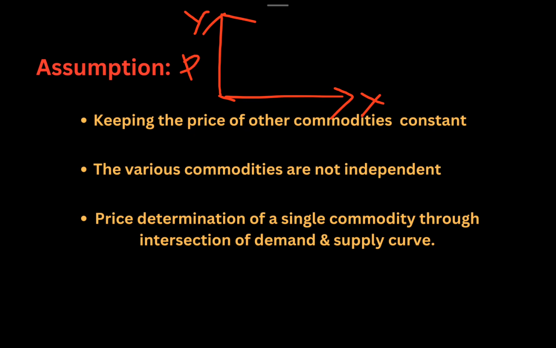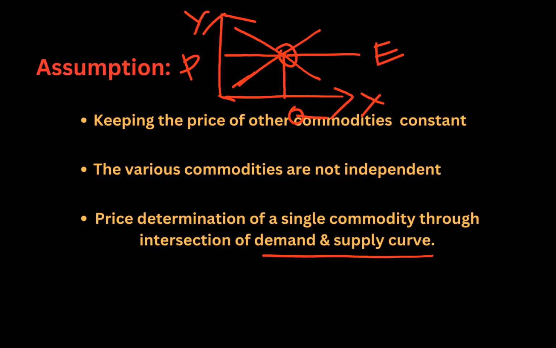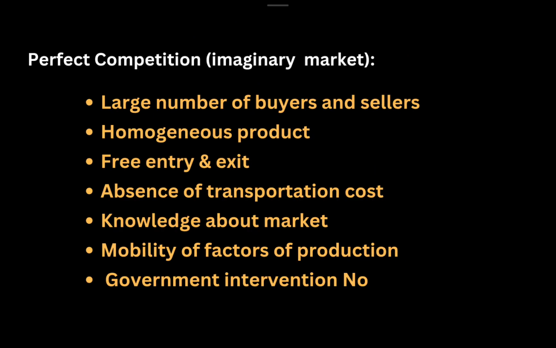This is price, this is quantity. If you take the price of tea, this is the demand and supply curve. This is your demand curve. This particular point is called the equilibrium point, where the demand and supply curves intersect each other. This is called equilibrium. This comes under perfect competition.